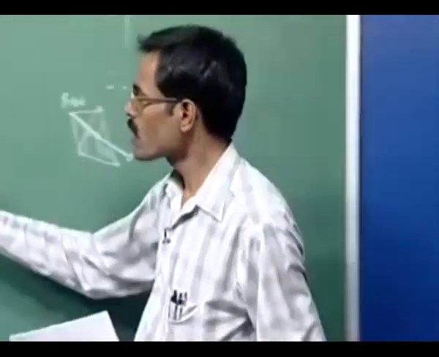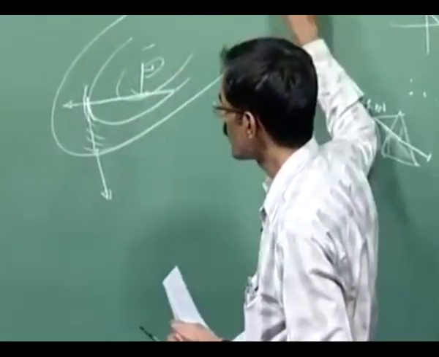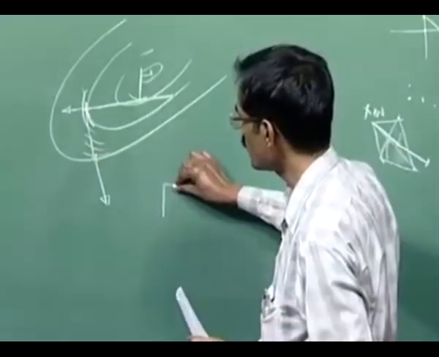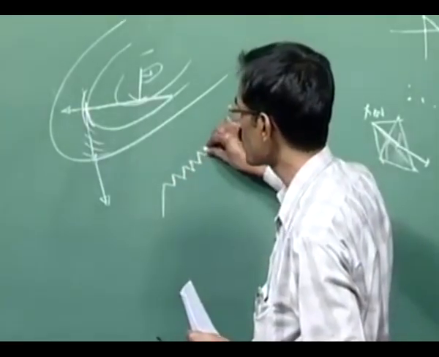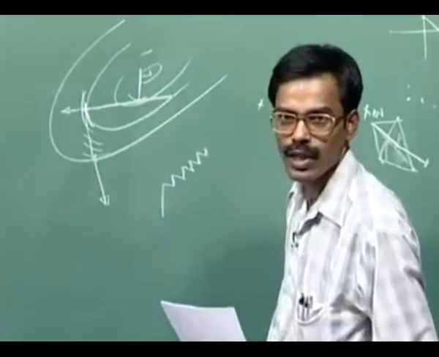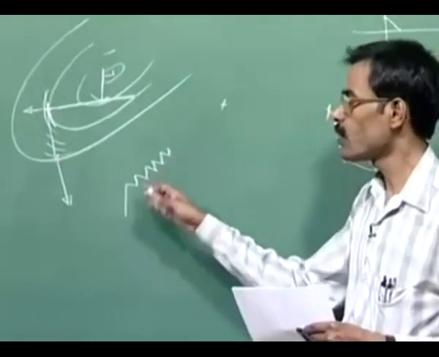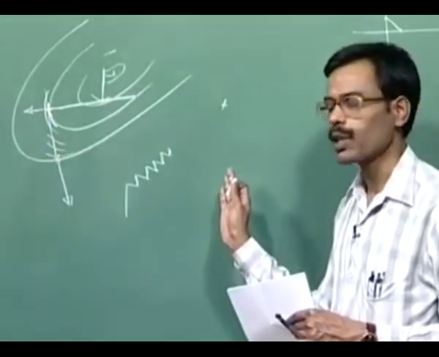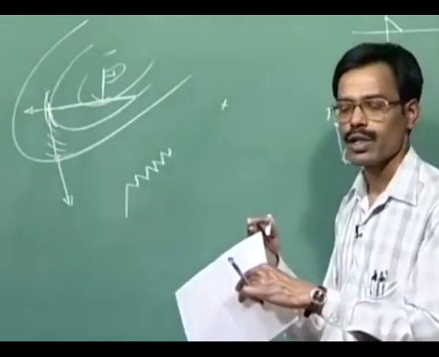For example, in the narrow contour case, the steepest descent method quite often does a zigzag motion like this while approaching a minimum point like this. That kind of demerit is remedied in the conjugate gradient method, which is based on conjugate directions.